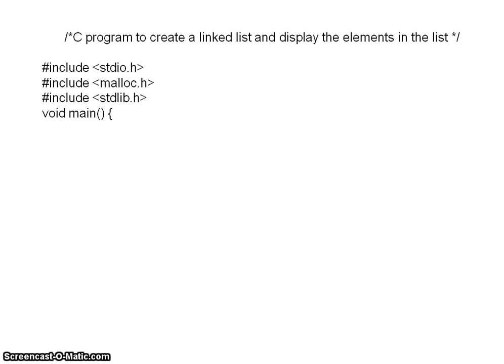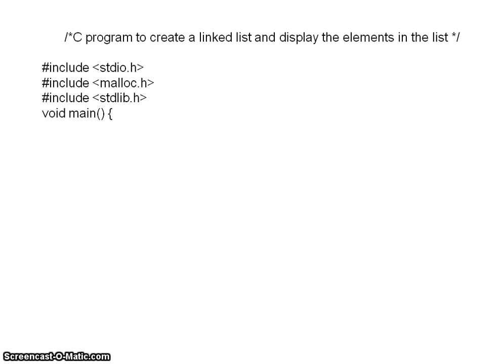Before we write the code for implementation, we have to decide what should be the structure of the node of the linked list. The structure of the node depends on many things.